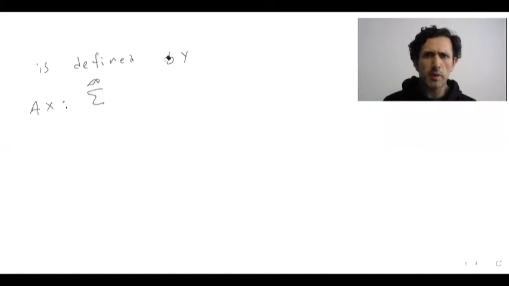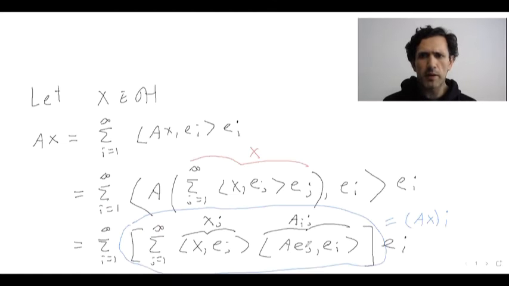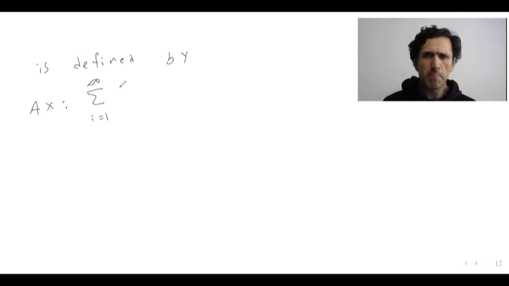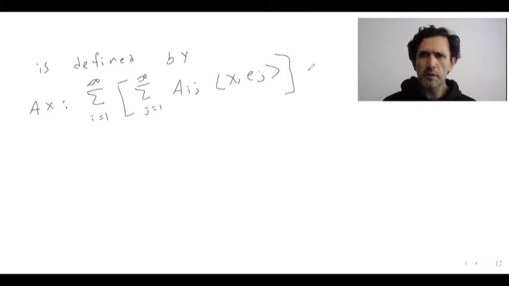It's the sum that I basically said before, that you can always write a bounded operator as: the sum of Aij x inner product ej times ei.